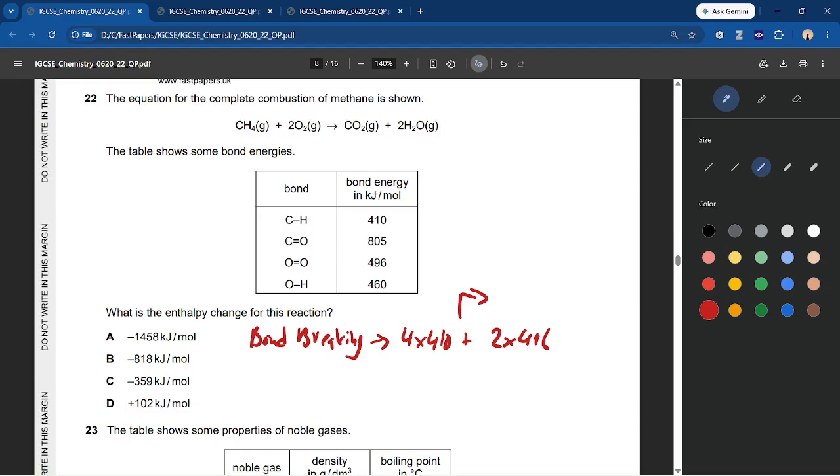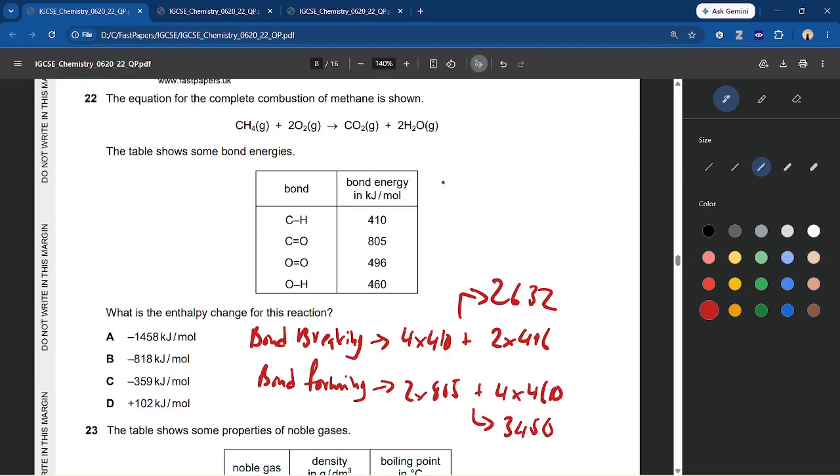If you input that, you're going to get 2632. And bond forming: you get CO2, so it's 2 into 805 plus, 4 into 460. So 2 into 805 plus 4 into 460 is 3450.